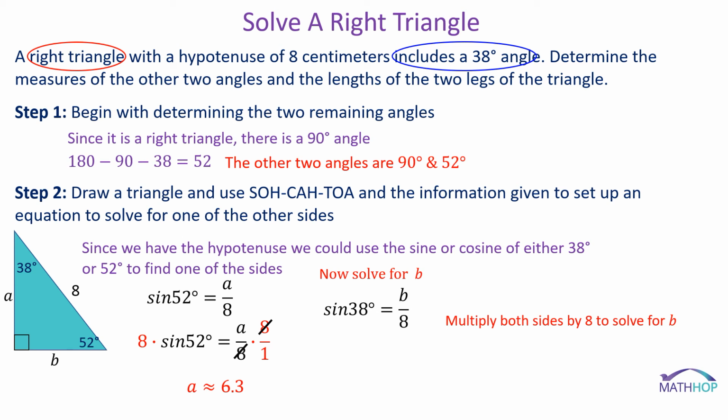Get rid of the 8 on the right side. My 8's divide out. I get B equals 8 times the sine of 38. Calculator does the work from here. When I put that in, I'm going to get B equals 4.9. I actually get 4.90813 whatever, but it rounds to 4.9.